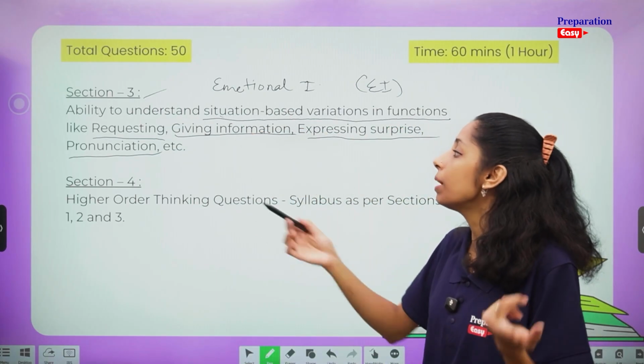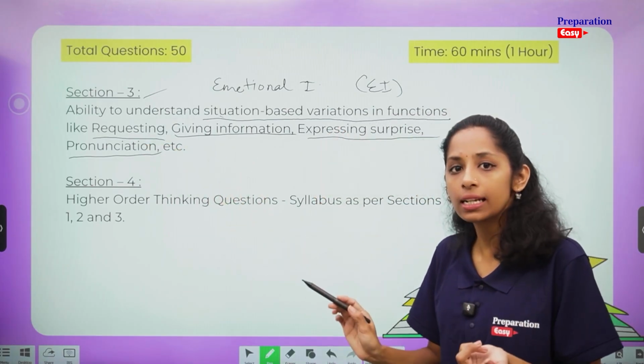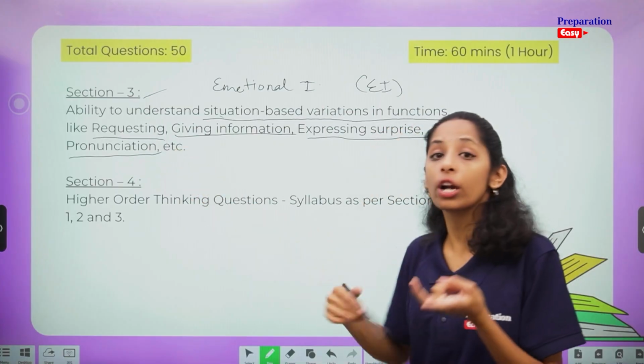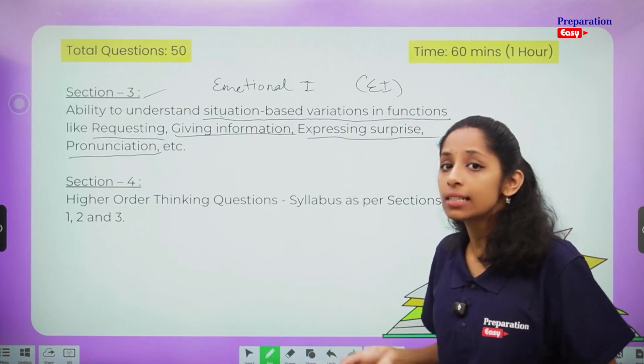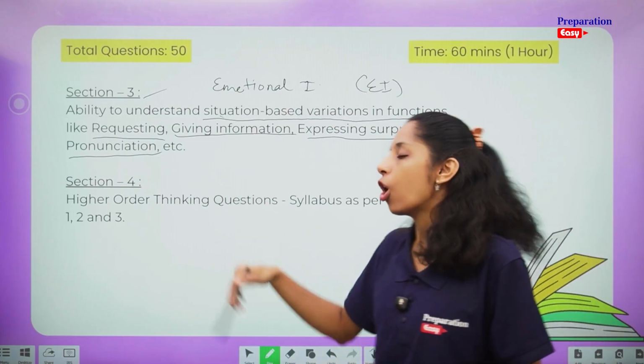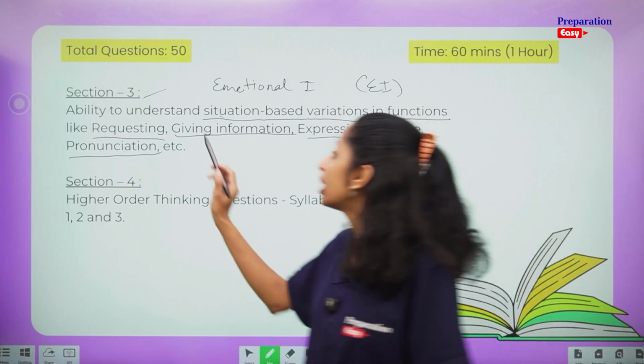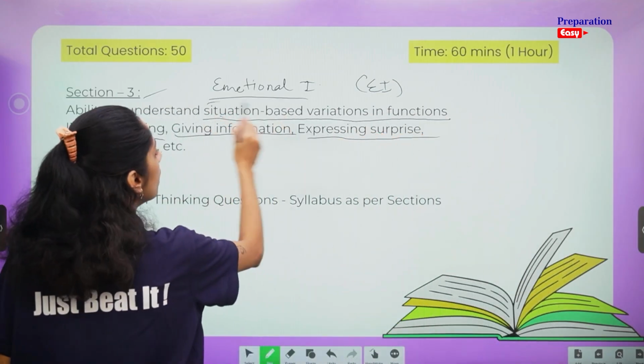So a question may be asked like, is the given sentence requesting or giving any information? Is the text giving information, or expressing a surprise, or also about your pronunciations? So section 3 is about your emotional intelligence.